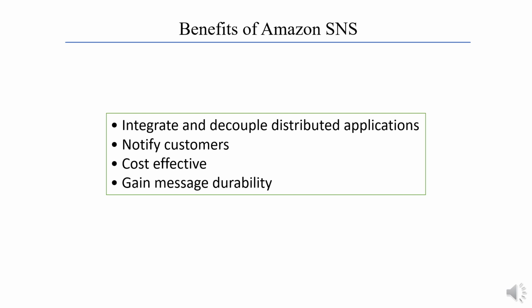Notify customers. You can distribute application-to-person A2P notifications to your customers with SMS texts, push notifications, and email. Cost-effective. You can simplify your architecture and reduce costs with message filtering, batching, ordering, and deduplication. Gain message durability. You can increase message durability with archiving, replay, delivery retries, and dead letter queues, DLQs.